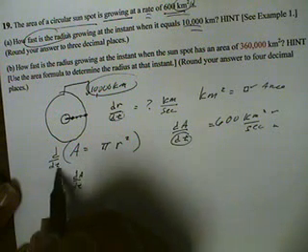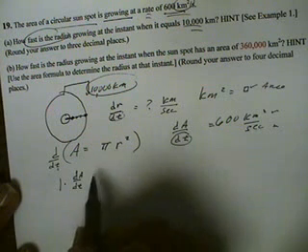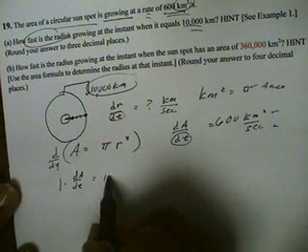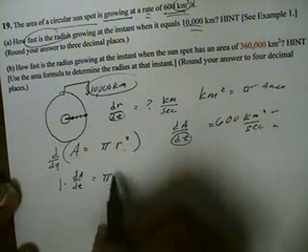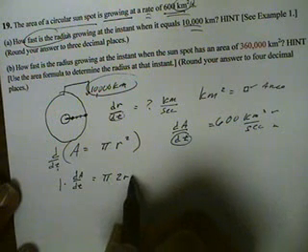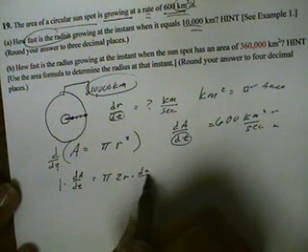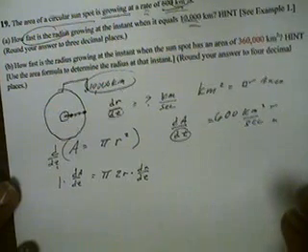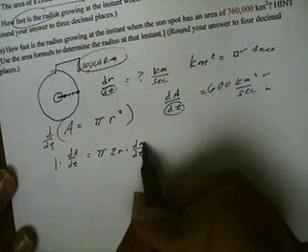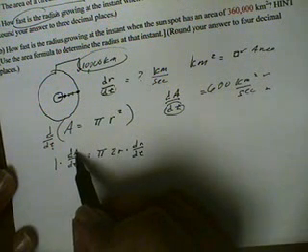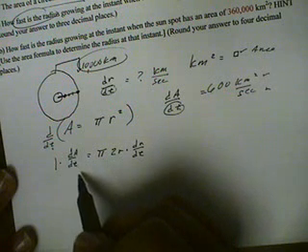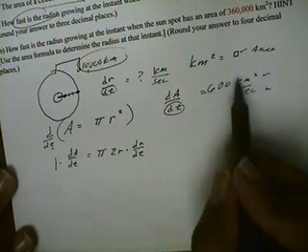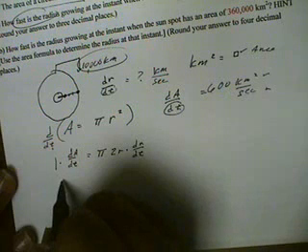And again, since t is the actual variable, r will be treated as a function. So again, we need chain rule. So this will be pi, and then 2 times r for the derivative, but chain rule gives us dr over dt. Here we have the change in radius per change in time. Here we have change of area per change in time. And we know this one right here: the change of area per change in time is 600.